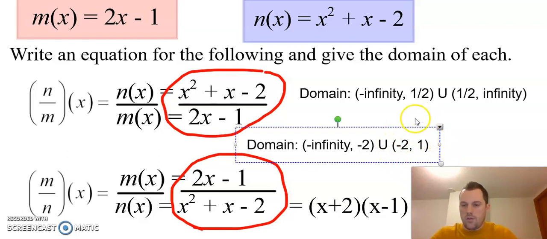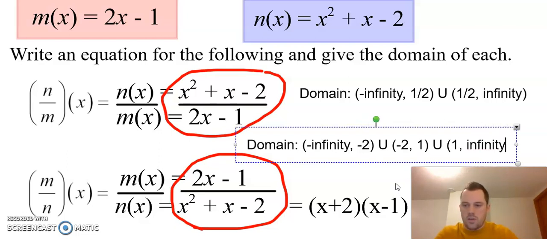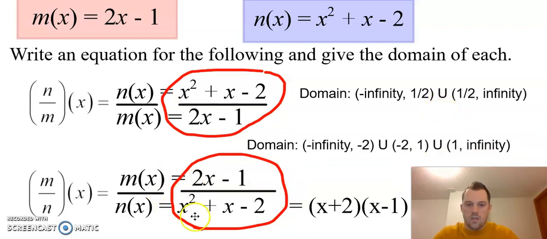We have to continue using parentheses because we have those asymptotes there, so those values aren't included. We have another union because we basically have three parts to our graph, and then everything greater than 1 up to infinity. So that's our domain for this bottom quotient.